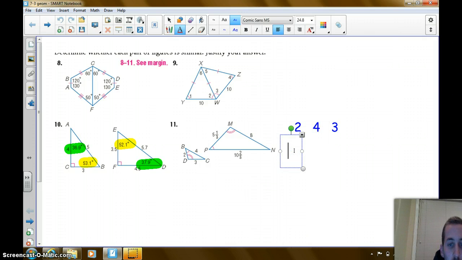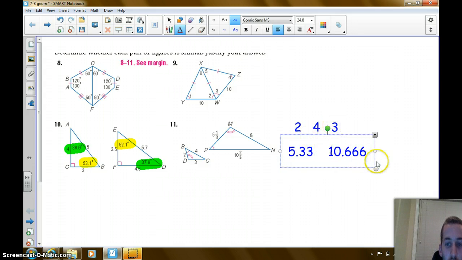What you want to do is make sure the 2 matches up with the 5 and 1/3. Notice those are the ones between the 2 congruent sides. So 5.333, as compared to the largest side, which would be the 10 and 2/3, 0.666 repeating, and then you have obviously the last one of 8.